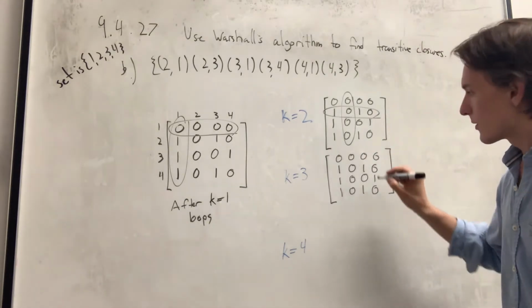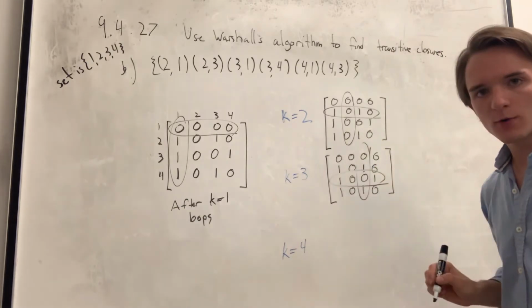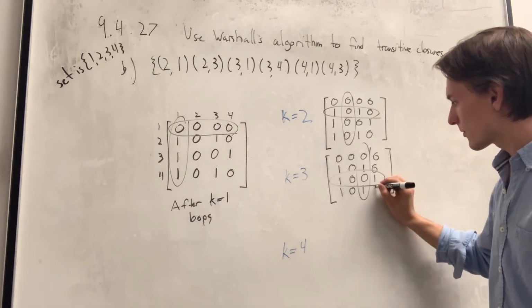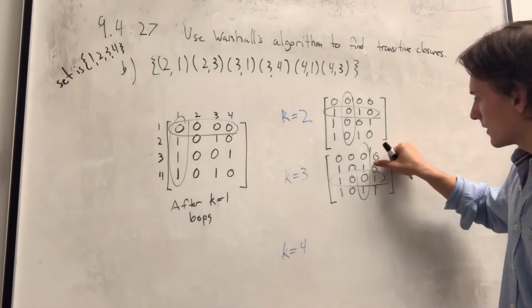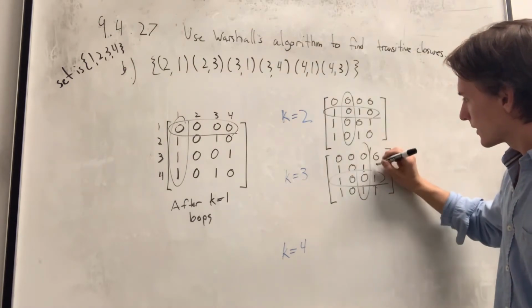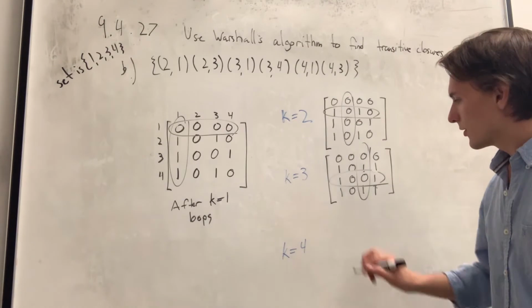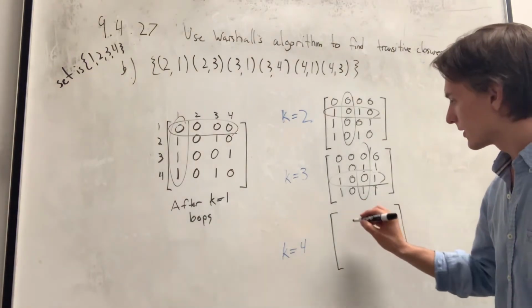Looking at the third loop now, we're looking at the third column and the third row. We see 2 1s right here intersecting at this 0. Let's turn that into a 1. We see that this 0 becomes a 1 as well. Okay, finally, we're on to our final loop now. Let's copy the previous matrix down.